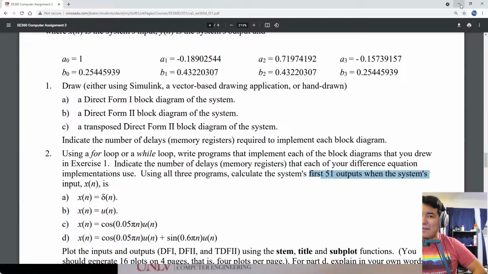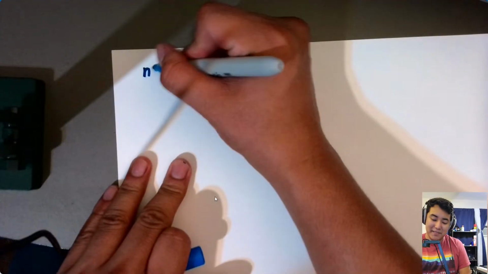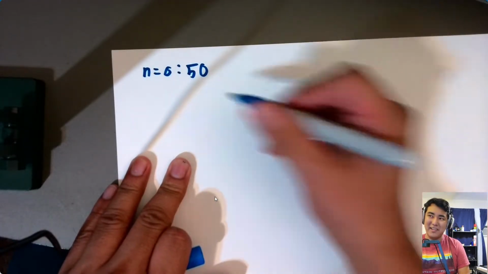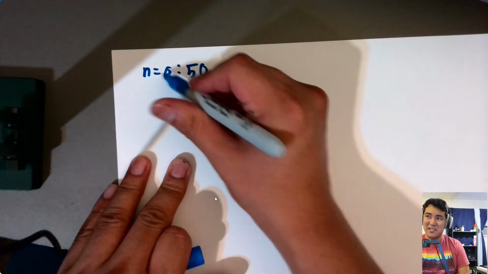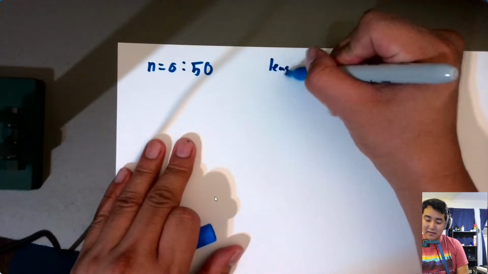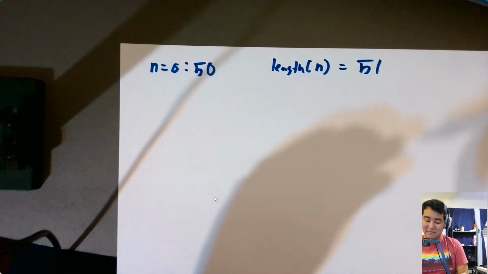What that basically means is we have a time scale that's 51 length. So we're going to have to declare time n is equal to 0 to 50. Why didn't I put 51? Because this 0 is also a number. If you typed in length of n, you're going to get 51.